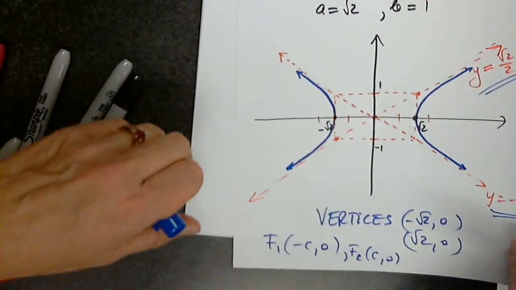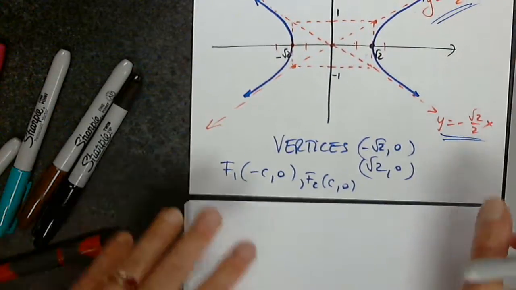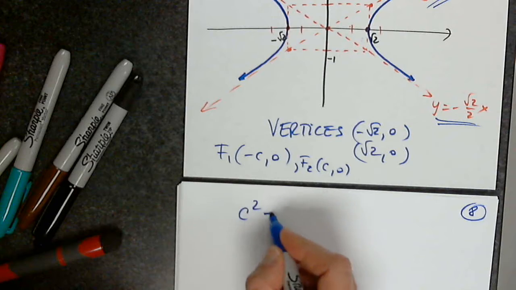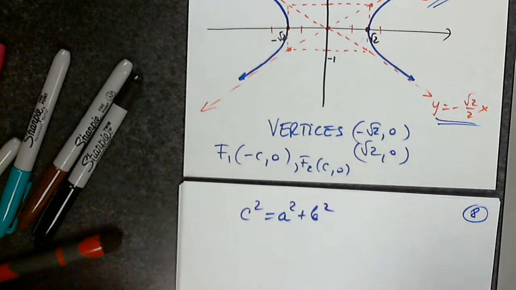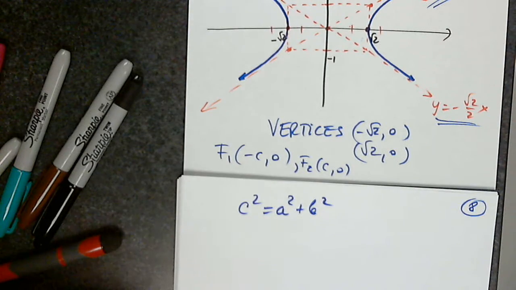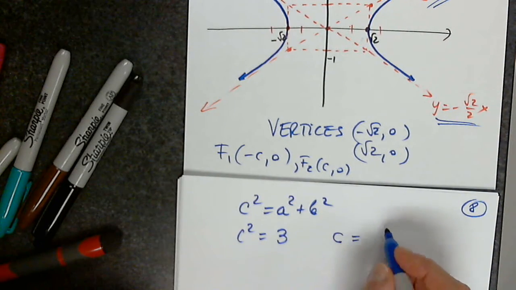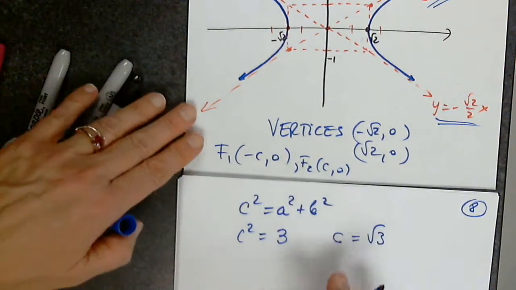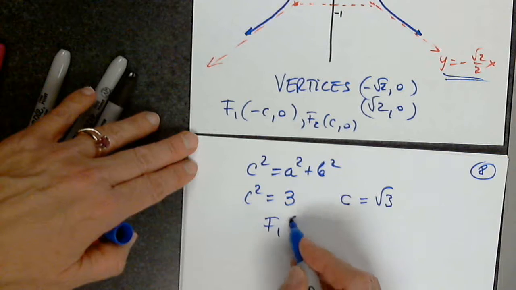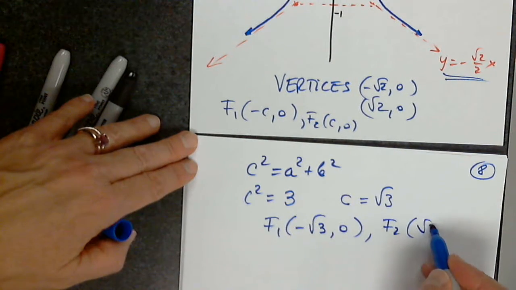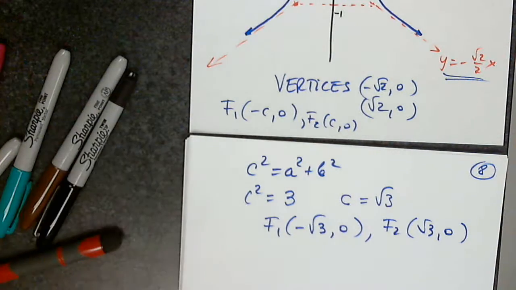But in this case, c is easier and nicer to calculate, not too much effort. c squared equals a squared plus b squared. a squared is 2, b squared is 1, so c squared equals 3, which means c will be the square root of 3, so the foci will be F1 negative the square root of 3 comma 0, and F2 the square root of 3 comma 0.